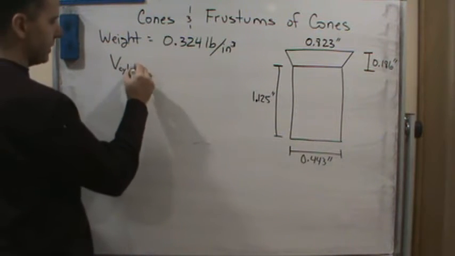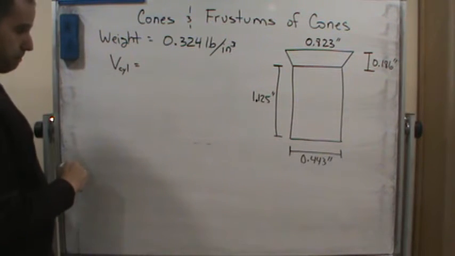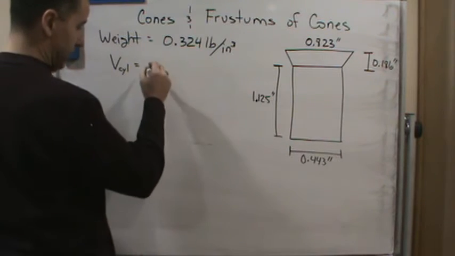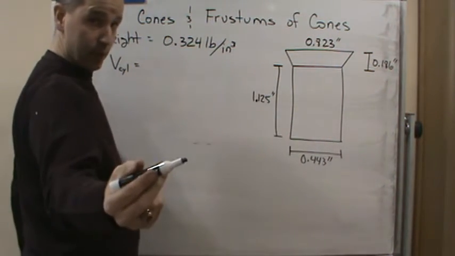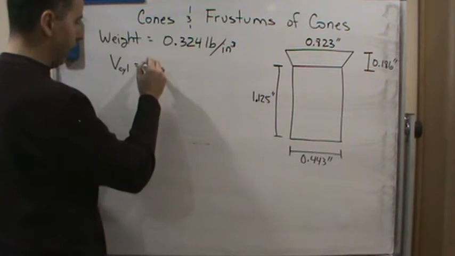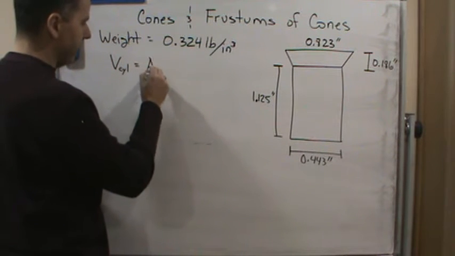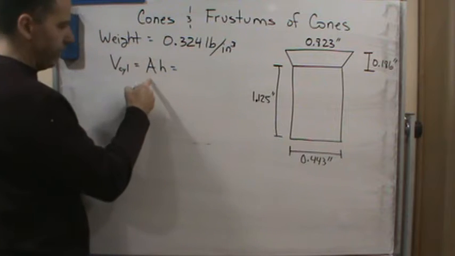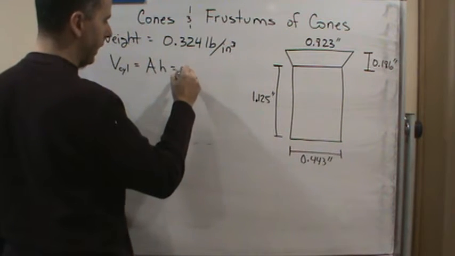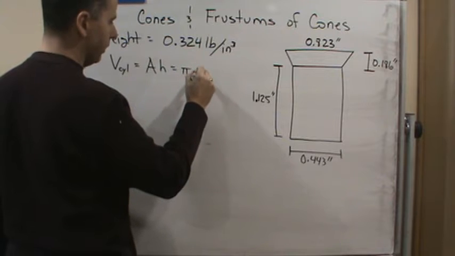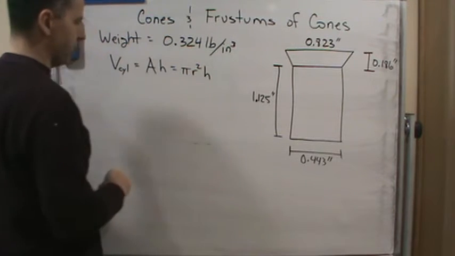The volume of the cylinder part is going to be area times height. The area of the base times height, and the base is circular, so it's pi r squared h.